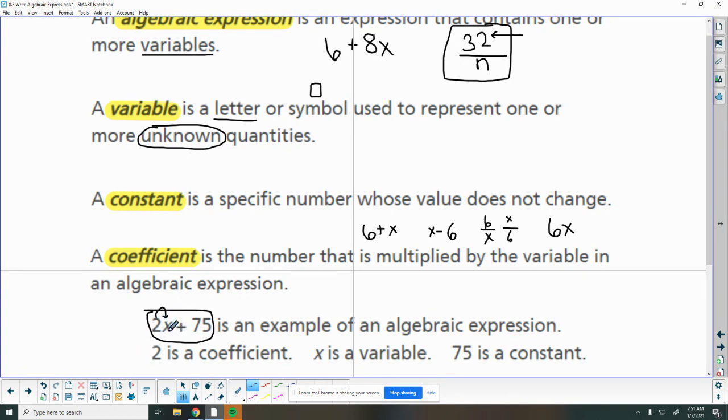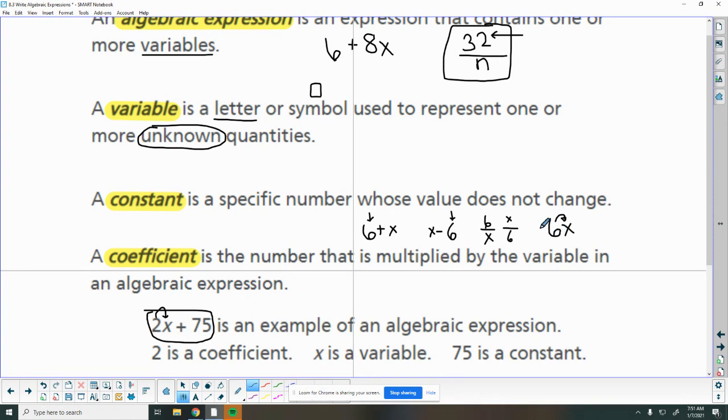So this x can change depending on what happens in the situation. And then 25 is the constant. This number is not changing. So any of these numbers, the 6, when we add or subtract or divide, we call those constants. When we multiply, it's called a coefficient. So it is kind of the co-captain of this number.